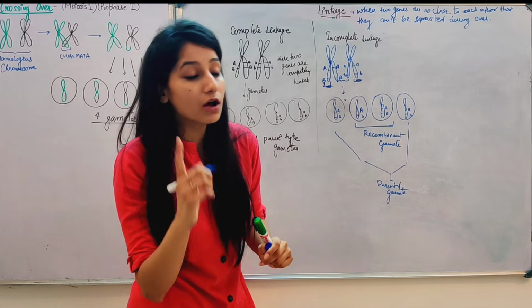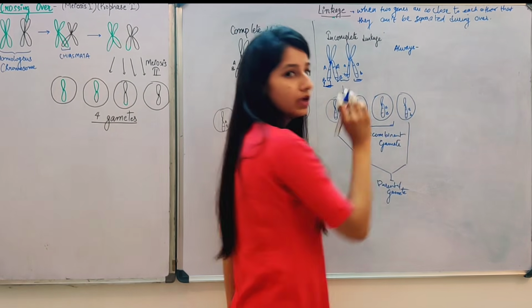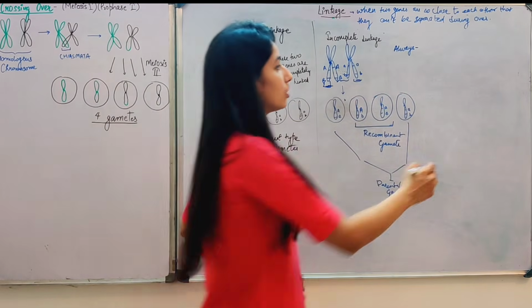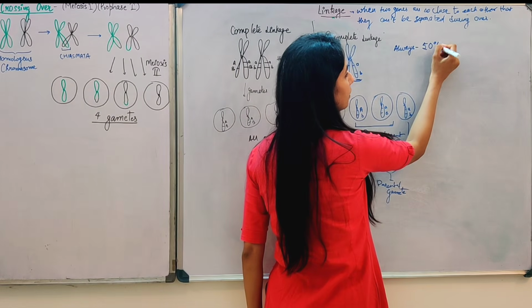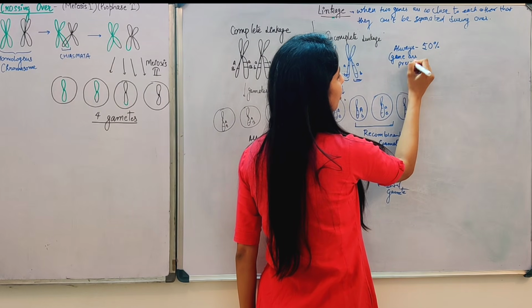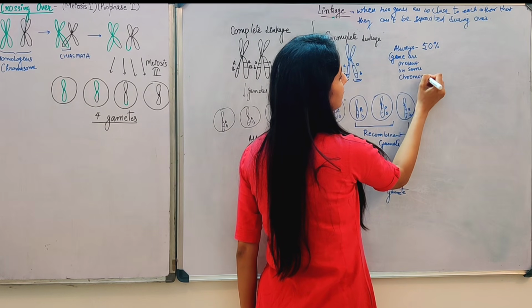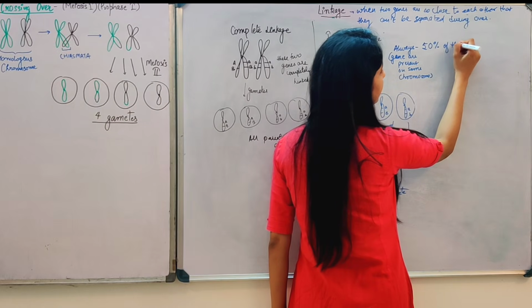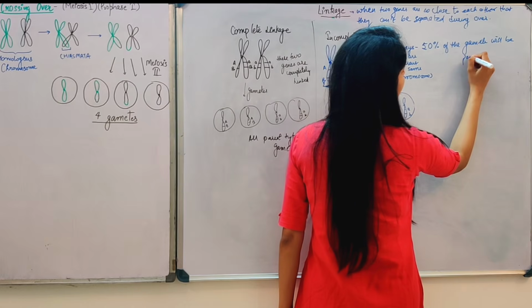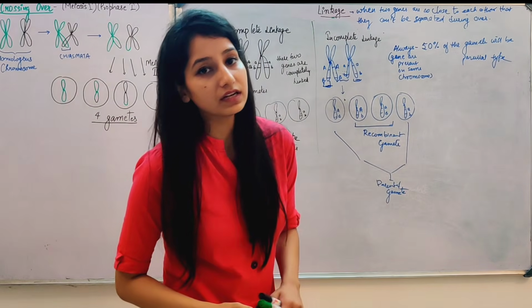So I can say from here that whatever the condition is, if the genes are present on the same chromosome, then 50% of the gametes will be parental type. The rest 50% will depend.